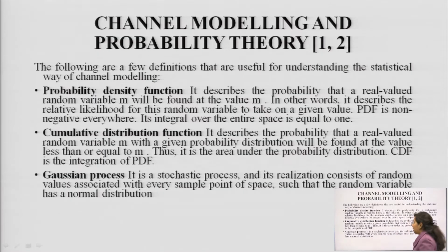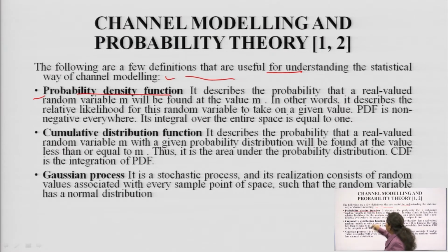Now, next is channel modeling and probability theory. The following are a few definitions that are useful for understanding the statistical way of channel modeling. The first one is the probability density function, PDF. PDF is a very important parameter for designing a channel model.